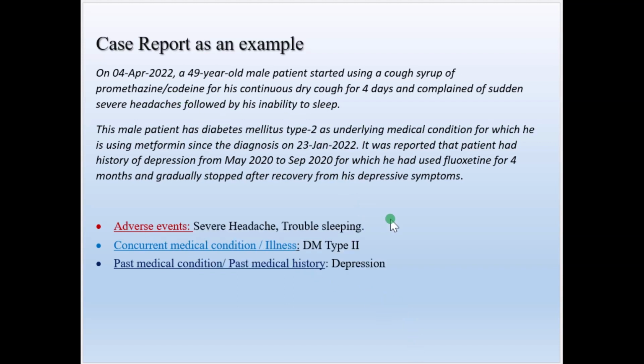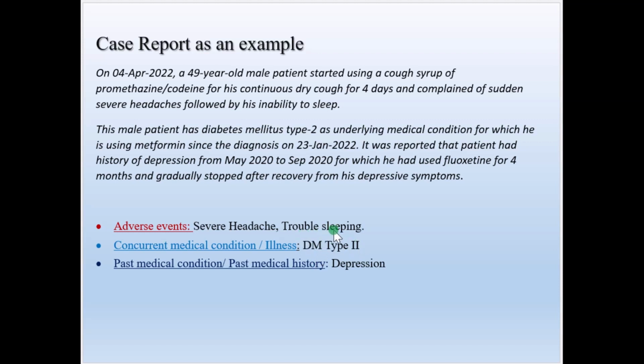So, from the same case example, let's pick what adverse events, AEs, were reported, what are the patient's concomitant medical conditions or concurrent illnesses present, and what is the past medical history reported for the patient. Here, severe headache and trouble sleeping are the adverse events reported with the suspected medication of cough syrup, promethazine plus codeine.